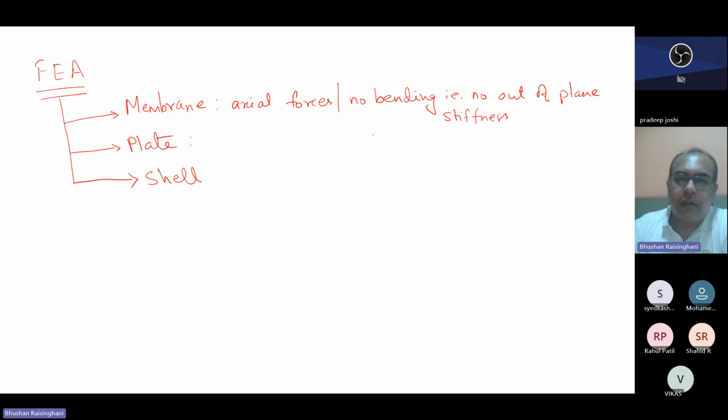So what will happen if there is no out of plane stiffness? 100% force transfer to the supporting elements.